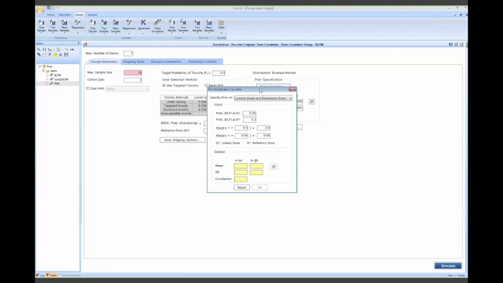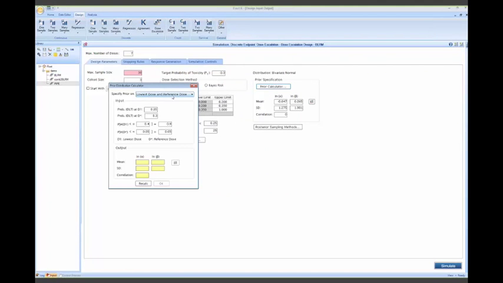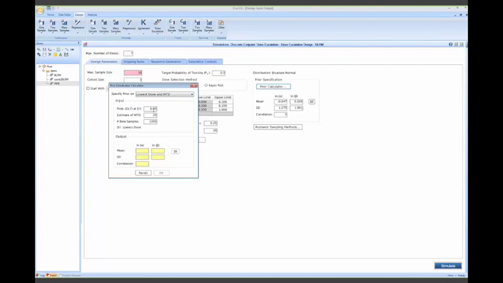The prior calculator will allow you to elicit information from clinicians on, for example, their best guess for the probability of toxicity at the lowest dose level and their best guess for the MTD. And then this can be converted directly into the prior distribution.